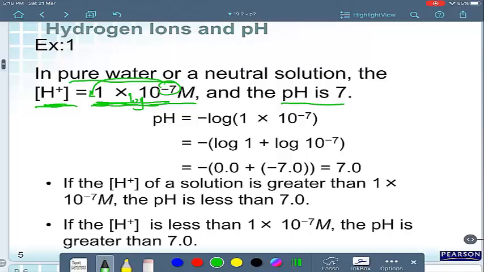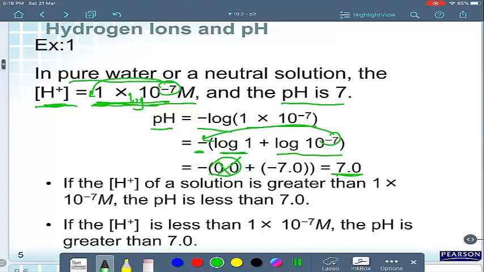Let's see here: pH is the negative logarithm of the concentration of H positive at neutral solution. So negative logarithm of 1 plus negative logarithm of 10 to the power of negative 7. Logarithm of 1 is 0, so nothing here. And negative 7, because this negative moves here, as I said, negative of negative 7 means positive 7.